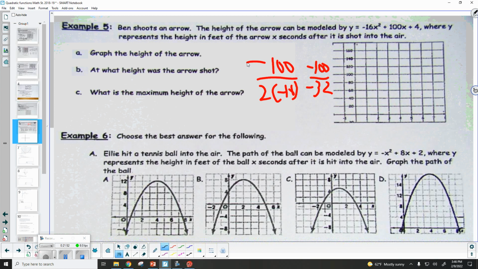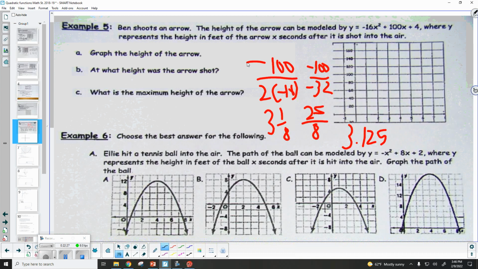That would simplify down to 25/8. So 25/8, 3 1/8. That one, I'd probably go with a decimal: 3.125.